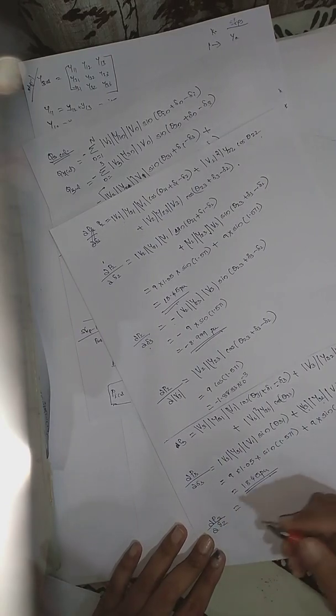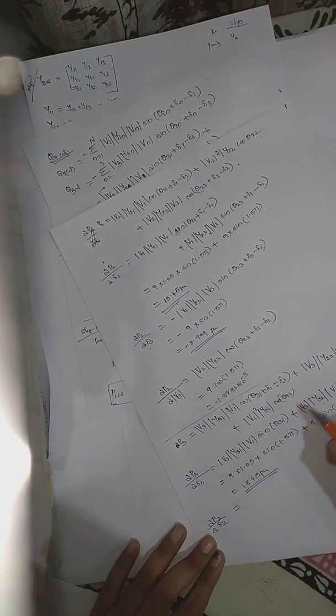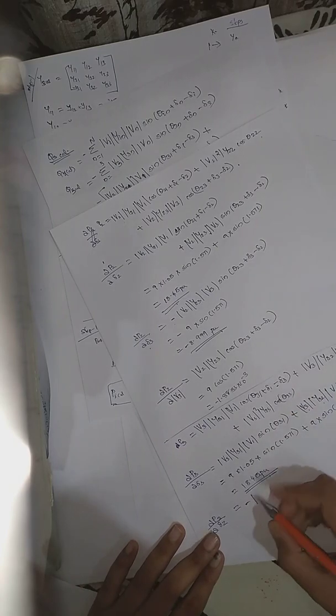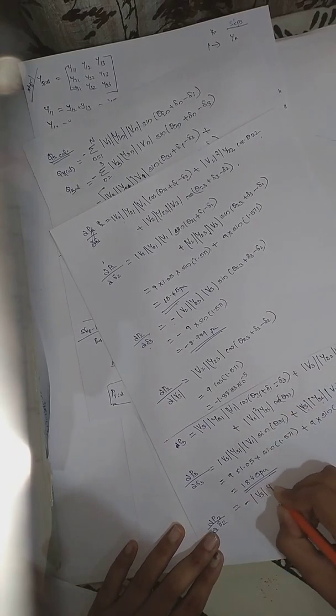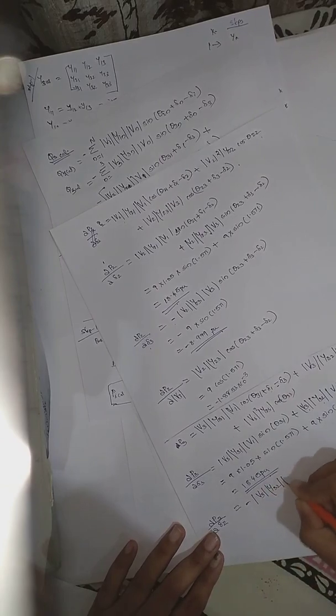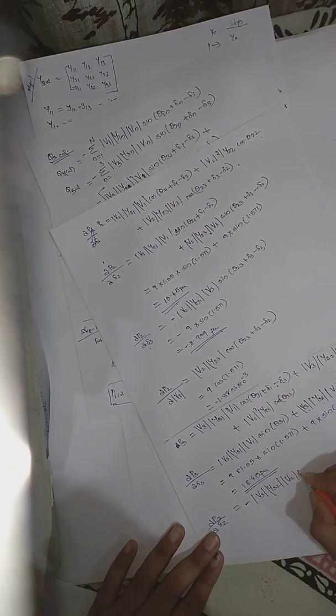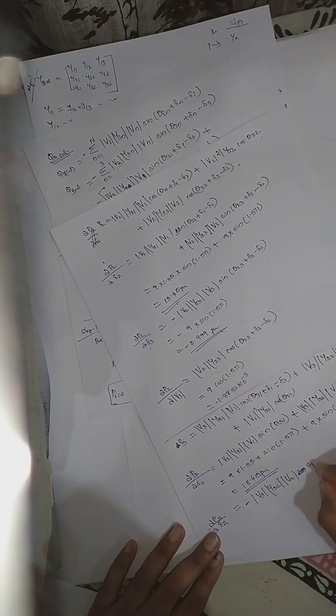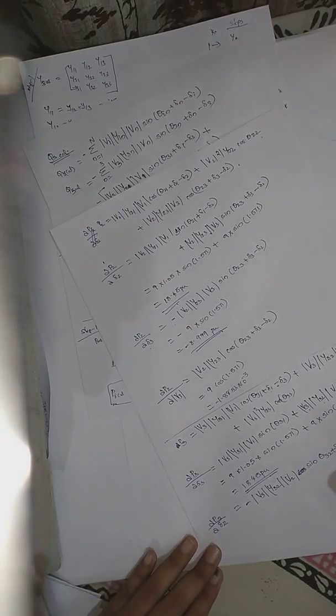Next we have to find out dou P3 by dou delta 2. The delta 2 term comes only in one equation, this one. So that is minus of V3 Y32 V2 into sin of theta 32 plus delta 2 minus delta 1.